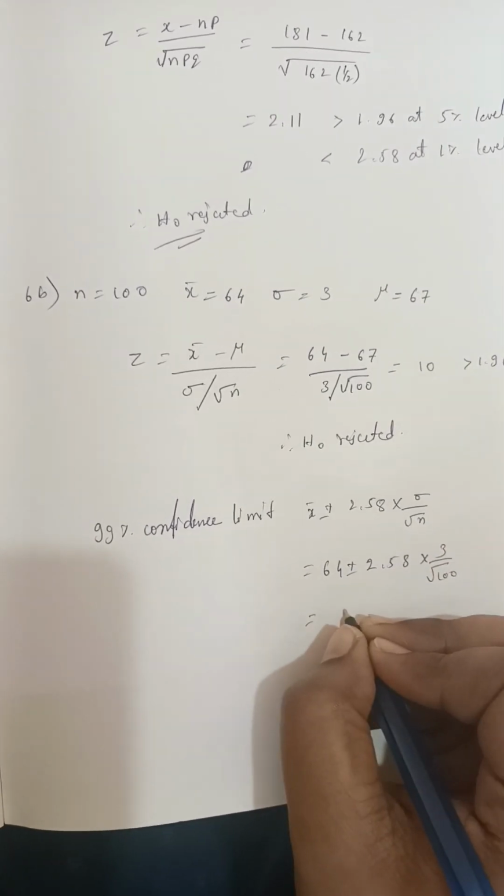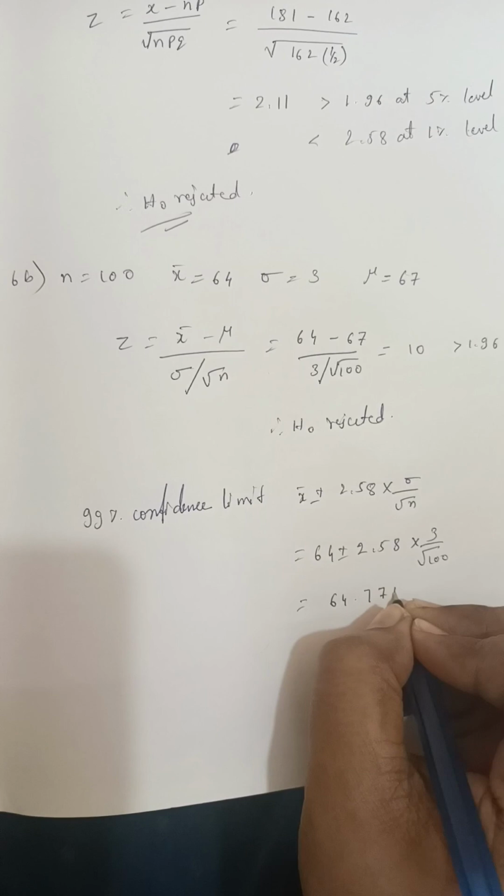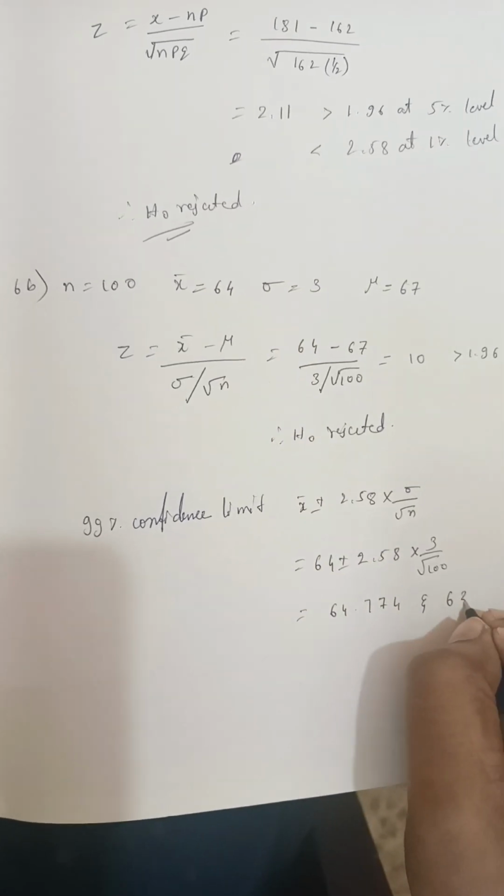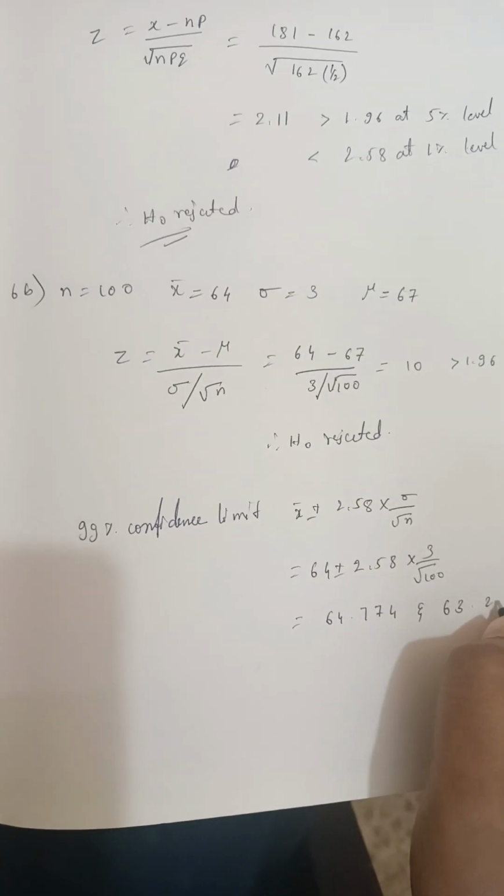This can be simplified. We get 64.774 and 63.226.